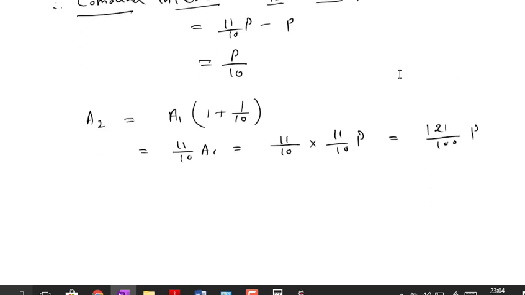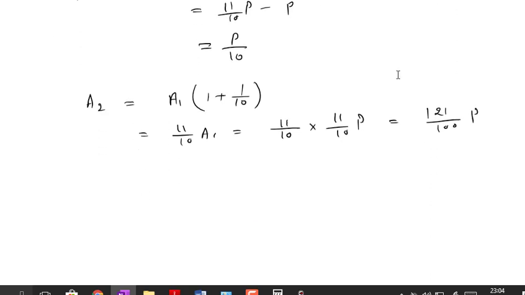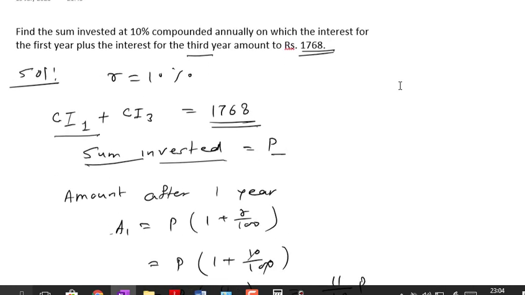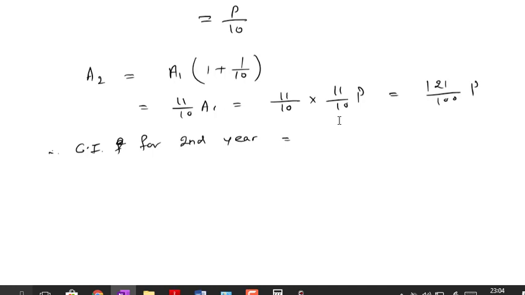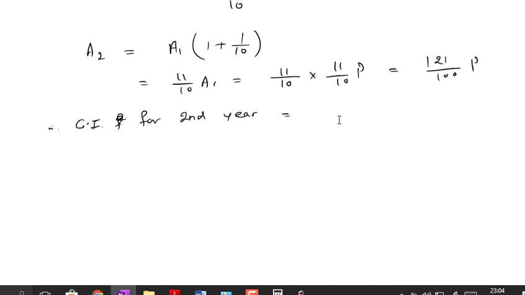Now this is A2, so therefore compound interest for the second year. Actually it is not required, but let us find it.